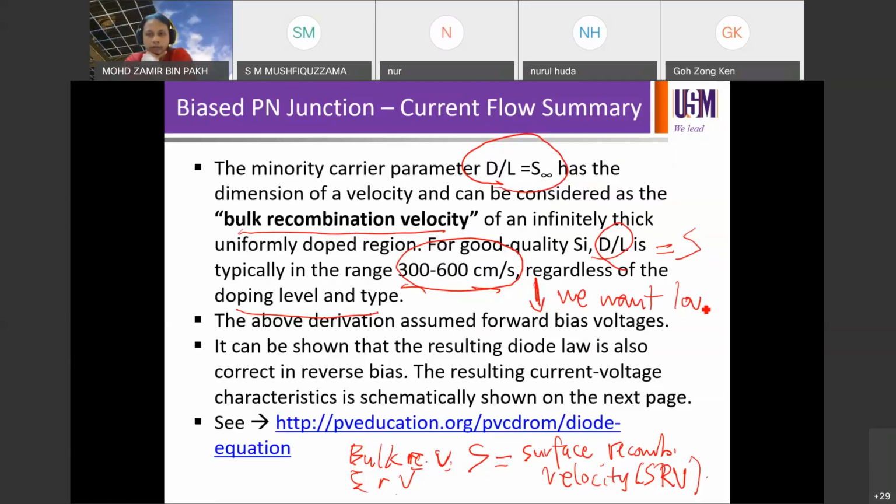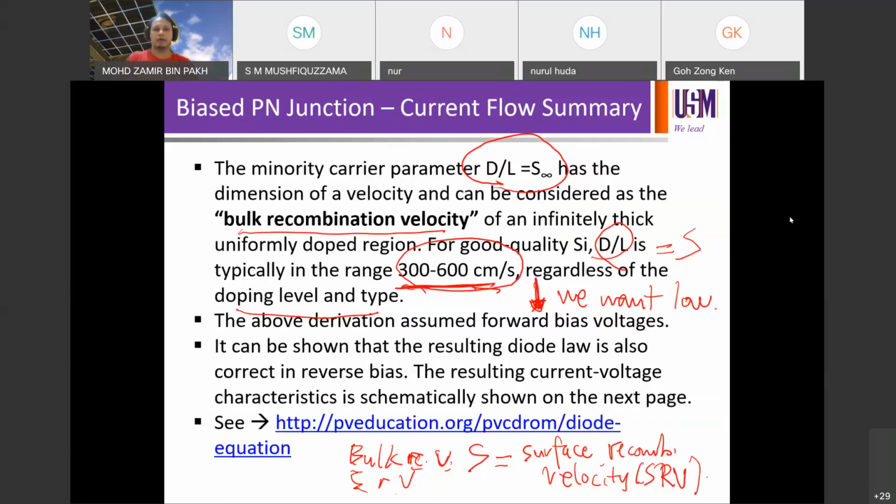If you have a high recombination velocity, you're going to end up with more recombination. On the other hand, if you have a low recombination velocity, either bulk or surface, you're going to end up with less recombination. So in this case, we want the bulk or the surface recombination velocities to be low. Typically for a good material, it's in the range of 300 to 600 centimeter per second.